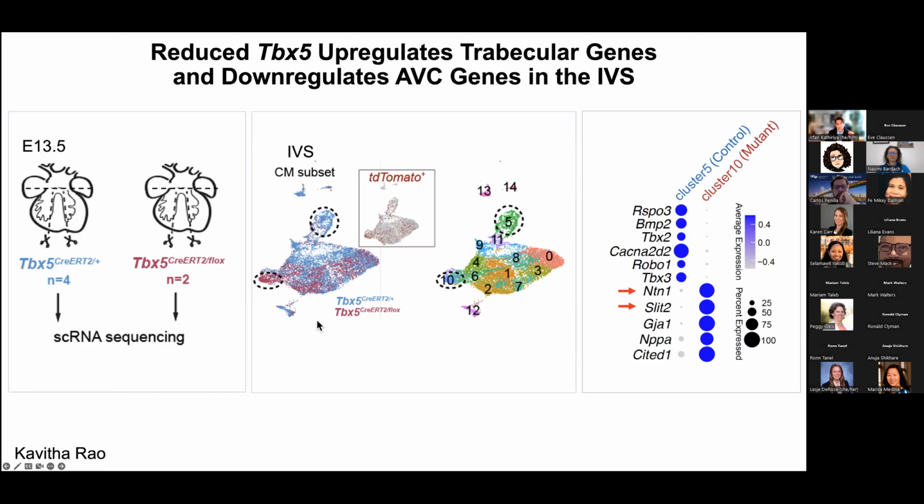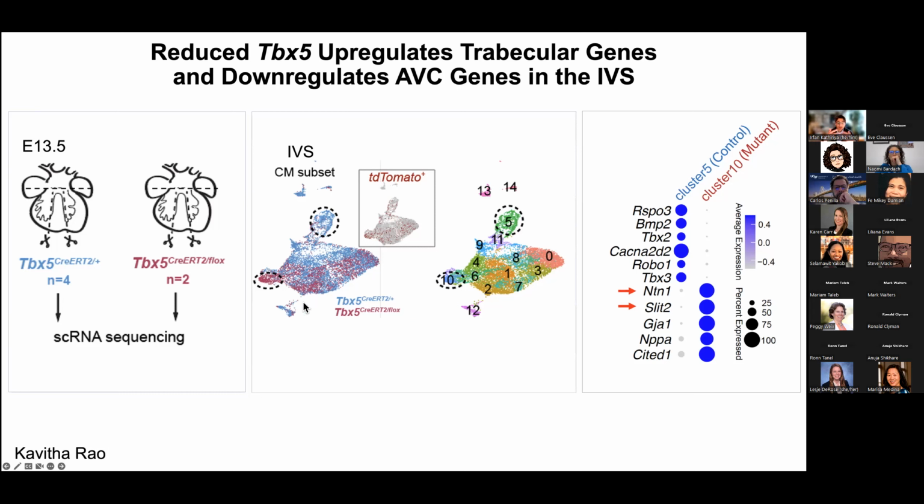For those that don't know, single-cell RNA-seq is basically single-cell RNA sequencing of each individual cell, so we can get the gene expression of each individual cell. This is what's called a UMAP. Each dot represents a cell, and the relative locations of one dot to another really reflect the relationships of one cell versus an adjacent cell in this reductionist space.